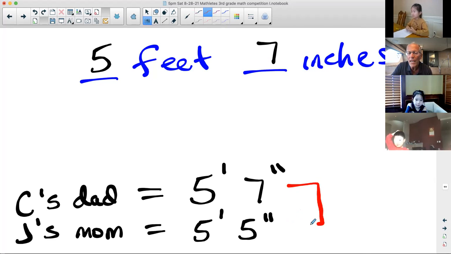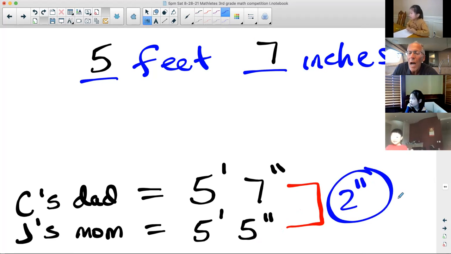This is a subtraction problem, or you can start with 5 feet, 5 inches and add. So come on, guys. What do you think? On 3. 1, 2, 3, go. 2 inches. Right, 2 inches.